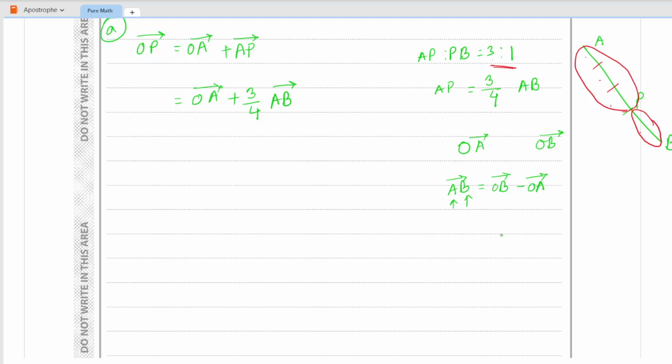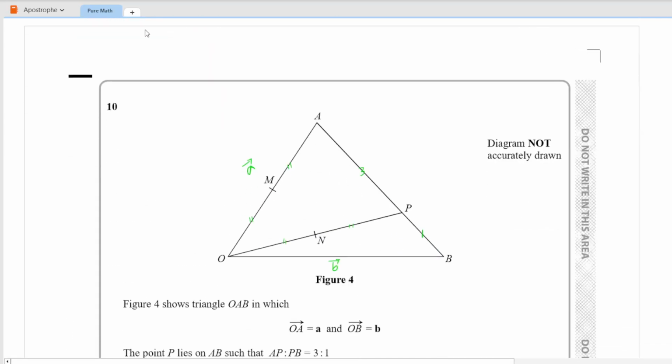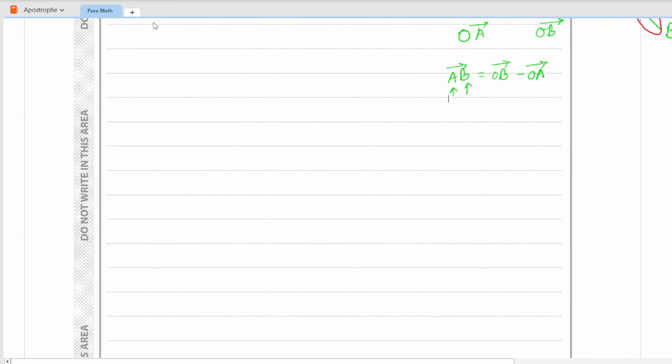That is one way. The other way is you use the figure right here. So AB is equals to AO plus OB. AO is nothing but negative OA. Okay, but I like to use the position vector.